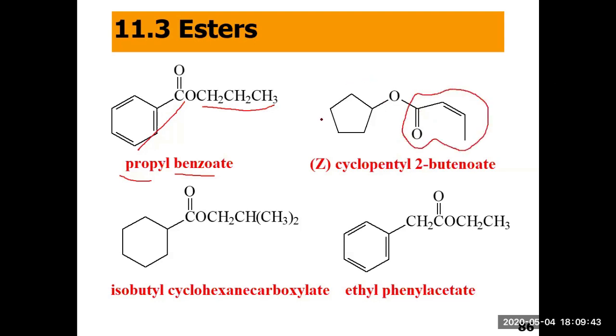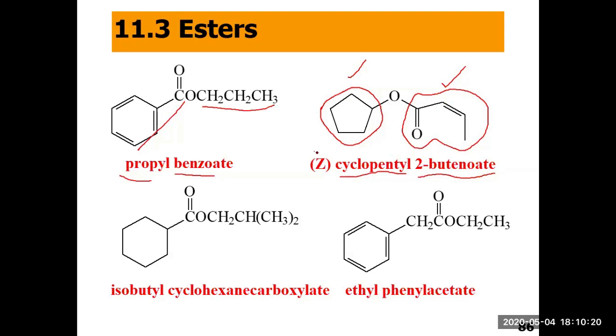Now, the other part is obviously the alkyl group. In naming esters, we have to state the alkyl group first, followed by the acyl group. This group is known as cyclopentyl. Now, this acyl group here is named as 2-butanoate.